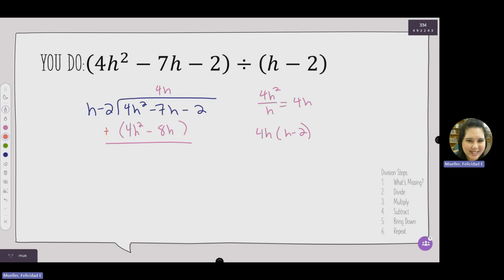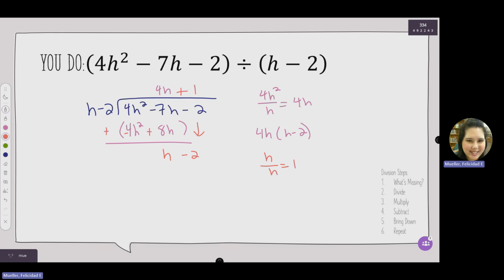Subtracting, negative 7h plus 8h is plus h. Bring down the negative 2. So now we do h divided by h and get 1. So we're going to do a plus 1.